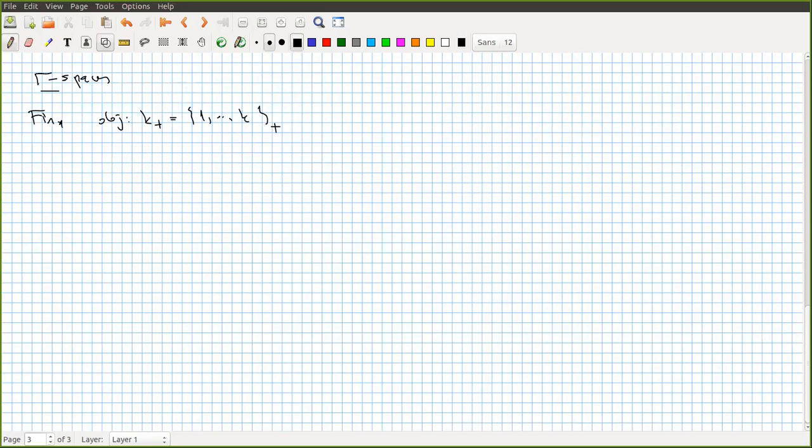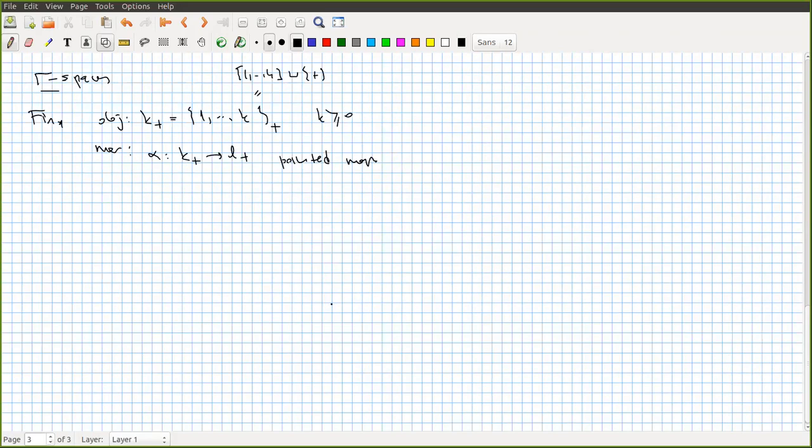So this means {1, ..., k} disjoint union plus, where the plus is the base point, and k runs over all the natural numbers. The morphisms, we will denote them by alpha. These are pointed set maps.